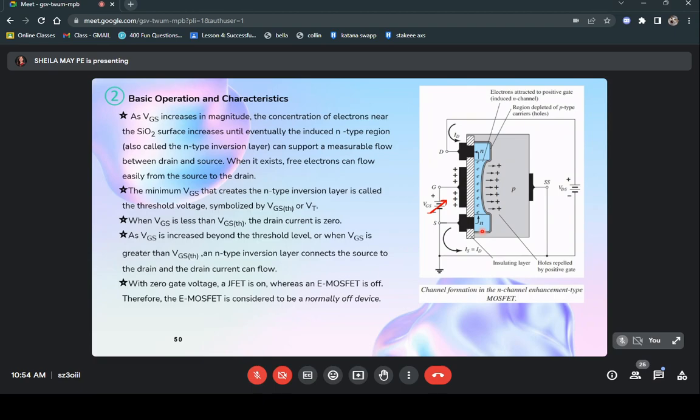If we don't have enough VGS, then we have no channel. Therefore, our E-MOSFET is off. Did you get my idea? Yes, ma'am.